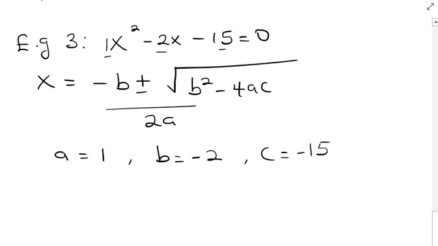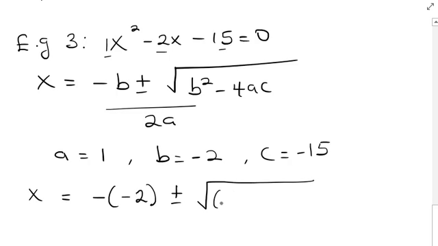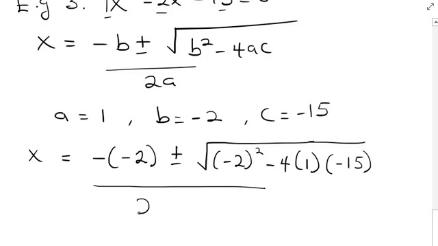So we now plug that into the equation. x equals minus, that's this minus sign, then minus 2. I like to put it in brackets so I don't get confused. Plus or minus the square root of minus 2 squared minus 4, where 1 is a and c is minus 15, all over 2a.